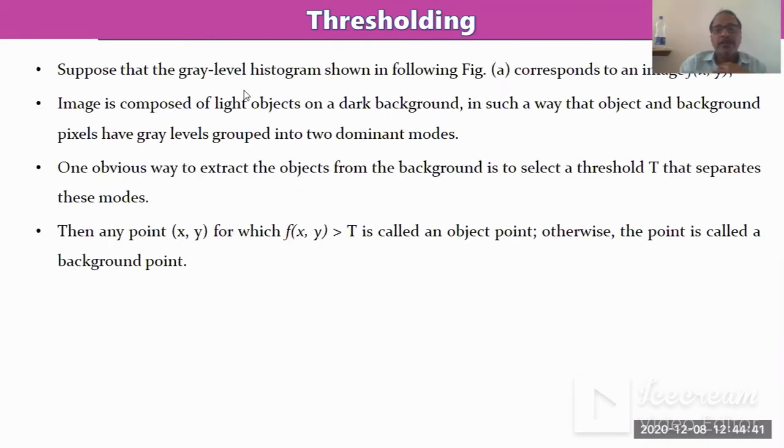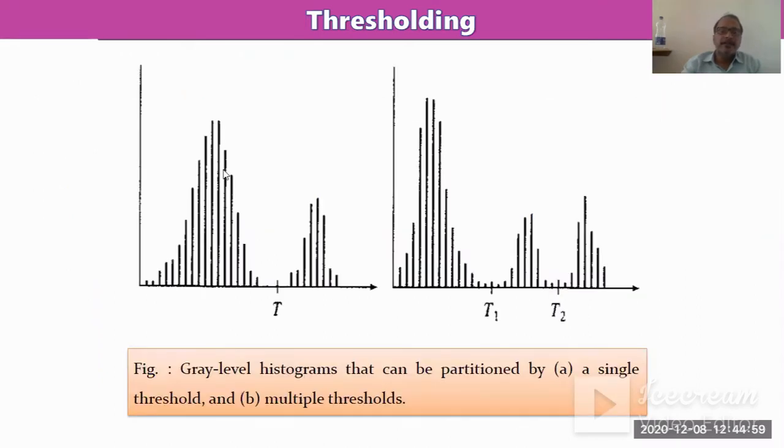In thresholding, suppose that the gray level histogram shown in figure A corresponds to the image f of xy. The image is composed of a light object on a dark background, so when we draw the histogram, it will be divided into two separate regions. This is our background region, this is our object region. Clearly, these two regions are separated from each other at this point.